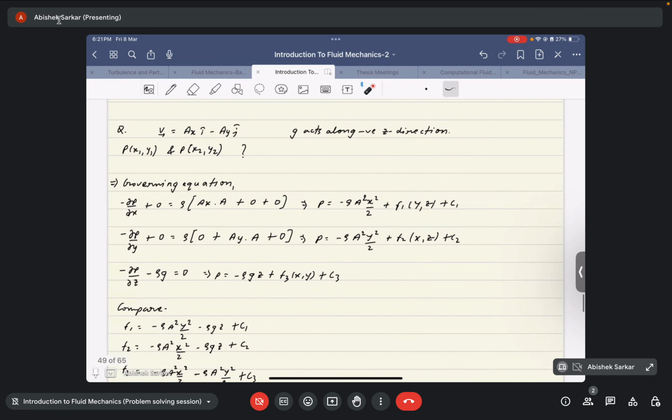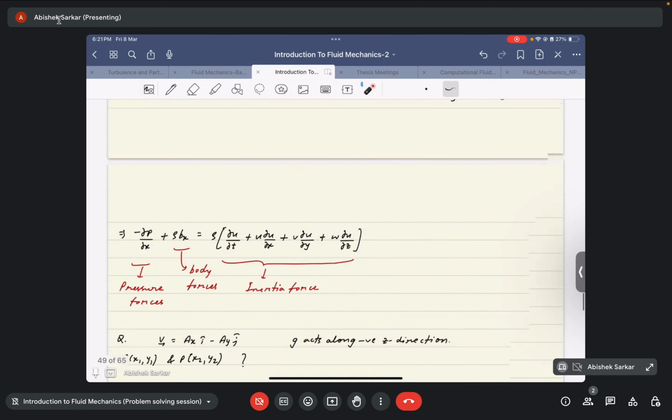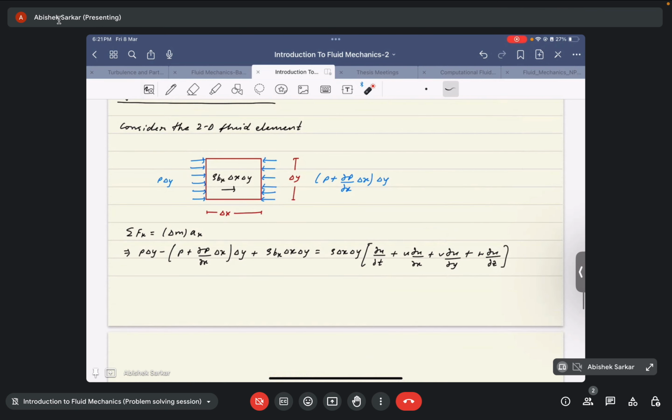Now applying Euler's equation of motion, since it is not mentioned otherwise, we can consider the fluid to be inviscid, so the viscous components would not be there, because in the above fluid element, if I go back, we have not considered any viscous stresses that act along the surface of the fluid element, right?